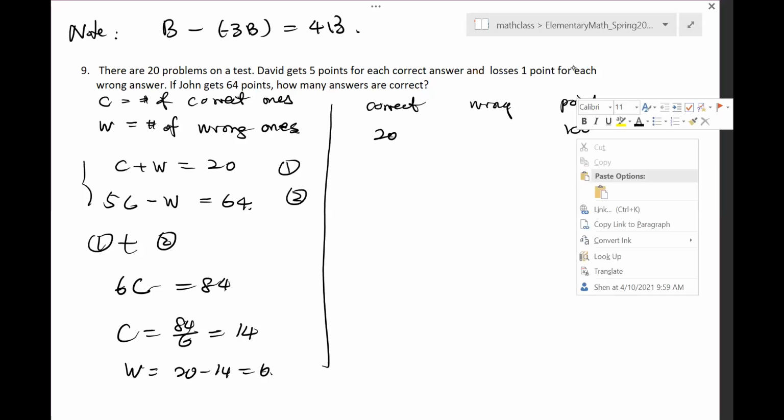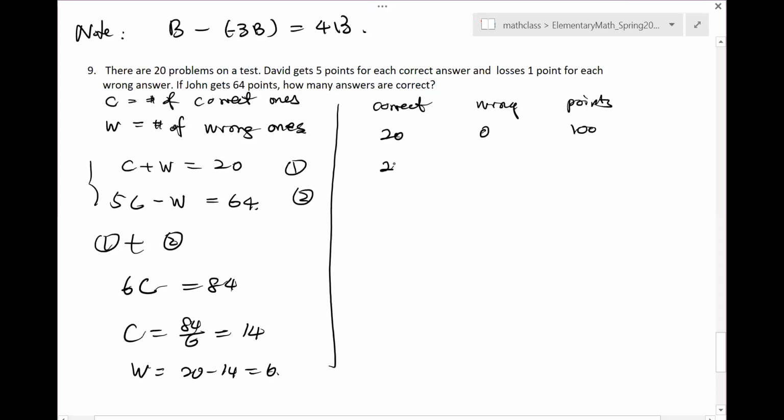Then if you decrease correct by 1 and increase wrong by 1, what will the net change be? You lose 5 points, right? Then you lose 1 more point because for every problem made wrong. You actually lose 6 points.